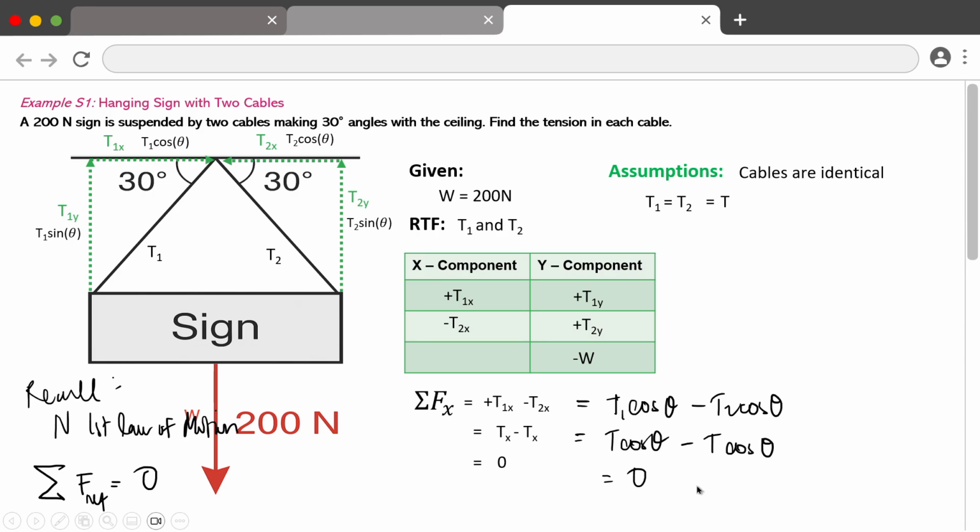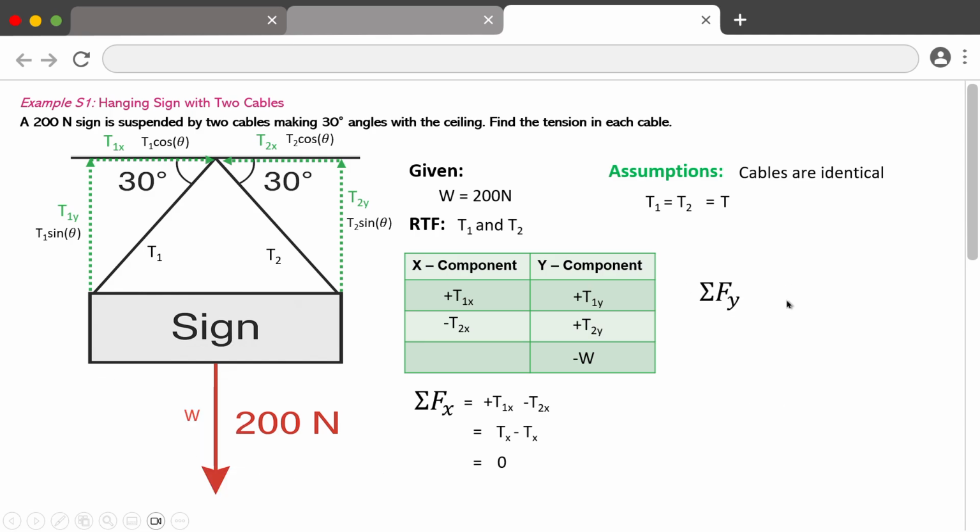We find that Fx is simply 0. Then Fy should also be 0, since the net external force is equal to the square root of Fx squared plus Fy squared. Okay, but because Fx is 0, this should mean that Fy squared is 0 in order for the net force to be 0.